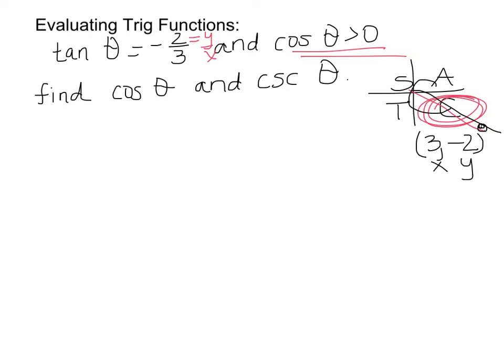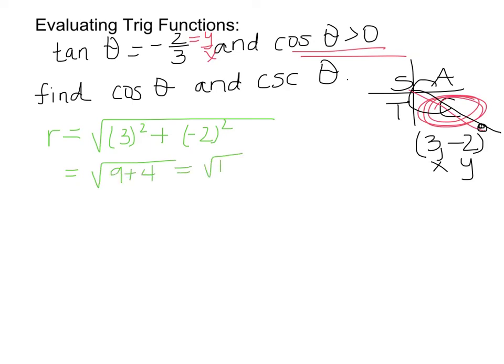So in order to find trig functions, remember we need an x, a y, and an r. We're missing r, so we're going to have to find r using this formula: the square root of x squared plus y squared. So that'll be 9 plus 4, which equals the square root of 13.